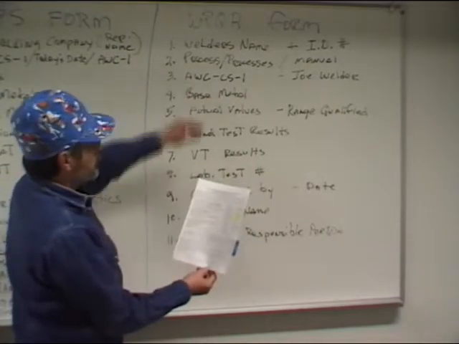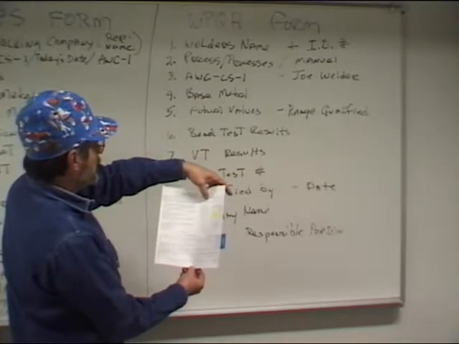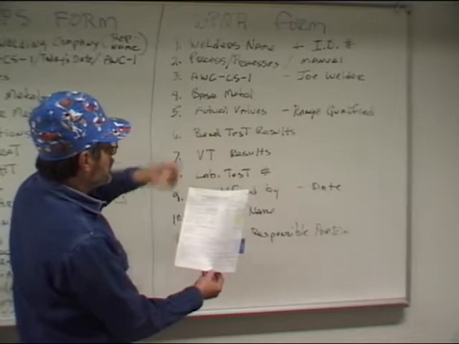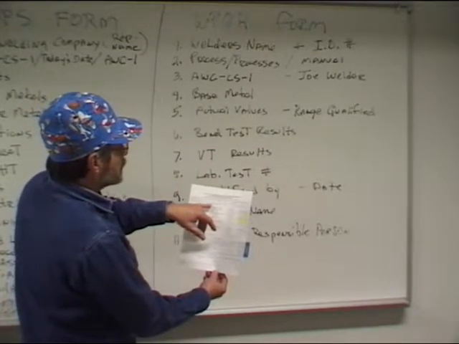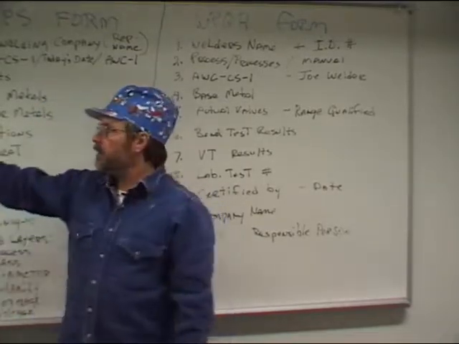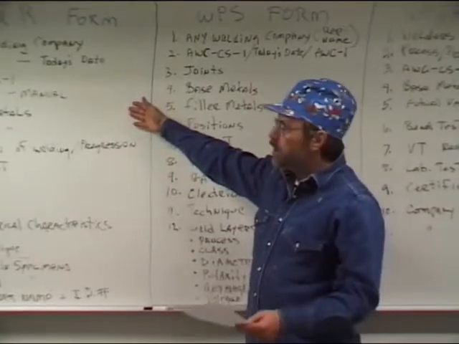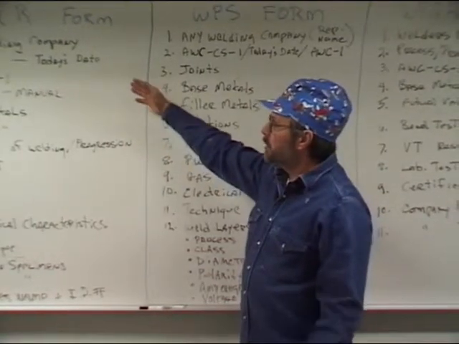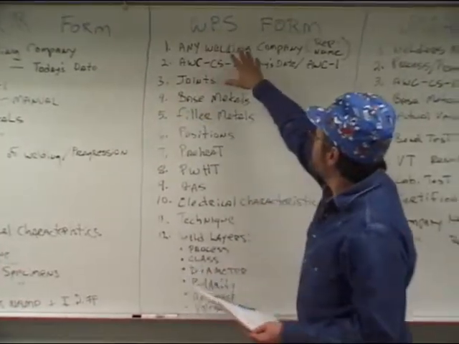Well, we did it with shielded metal arc. How did we do it? We did it manually, or the welder did it manually. And then it says identification of WPS, followed by the welder during the welding of the test coupon. So that takes us back over here to our PQR. To qualify the procedure, we would have to write in here the WPS.